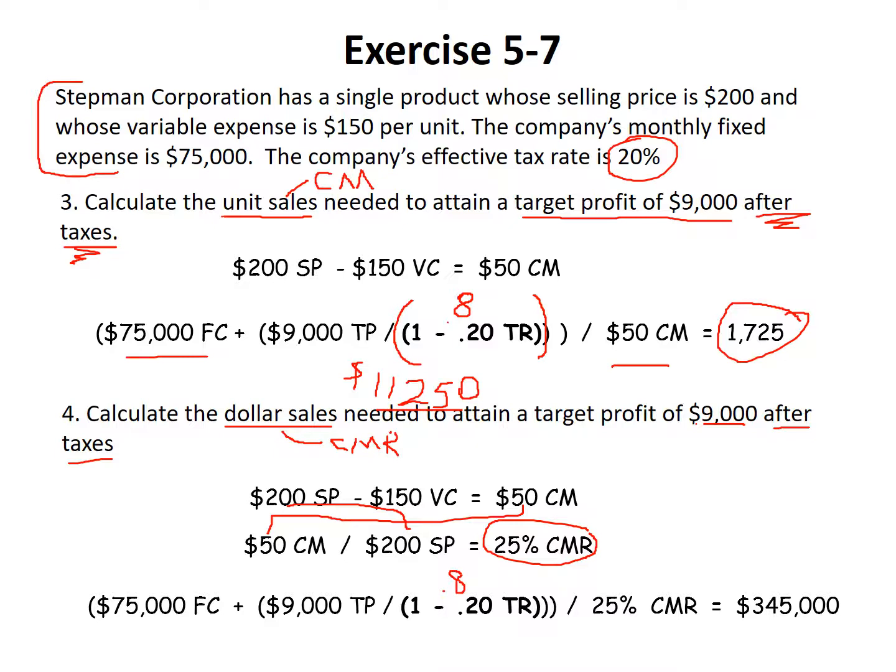So it would be $9,000 target profit divided by 0.8, which comes out to $11,250. So we have to cover not only our fixed cost, but also our target profit before taxes of $11,250. Divide that by our 25% contribution margin ratio, and the amount at the end is going to be $345,000.